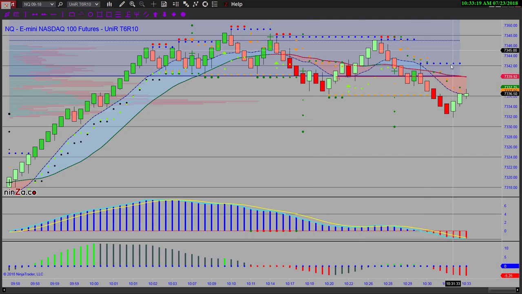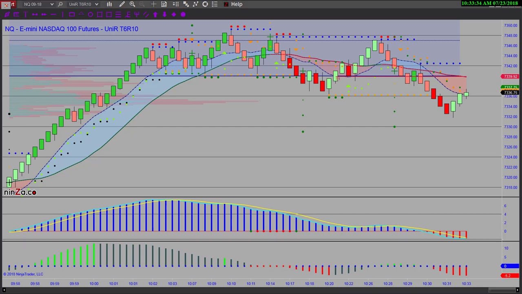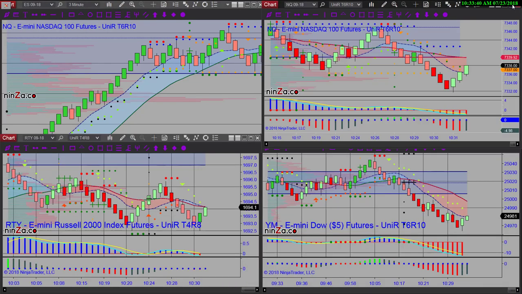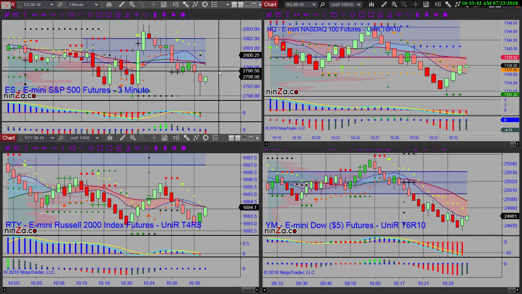All right, I do like the trend here. A little on the weak side for the oscillators. They're not as convincing as they could be. Let's put it that way. We're getting a bounce in the Russell, and a little bit of bounce in the Dow, a little bit of bounce in the S&P.